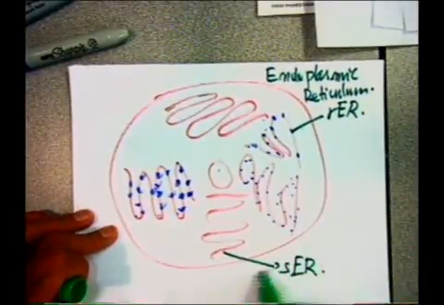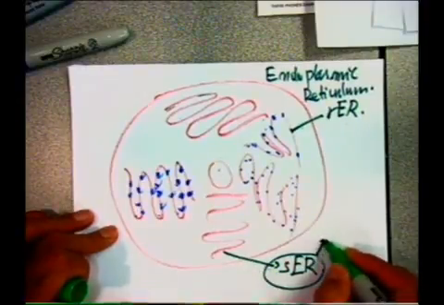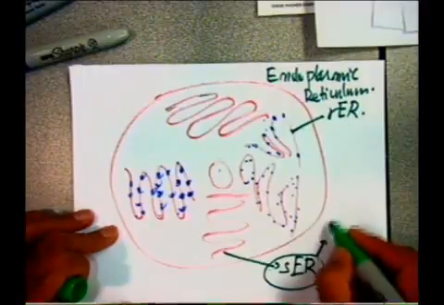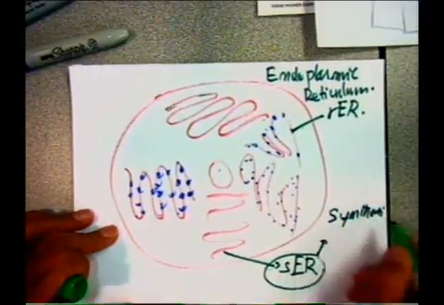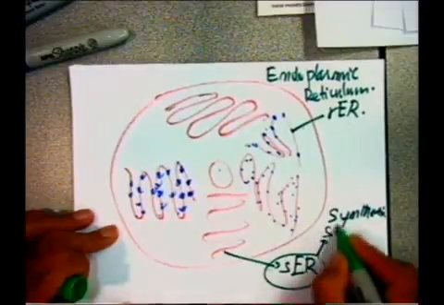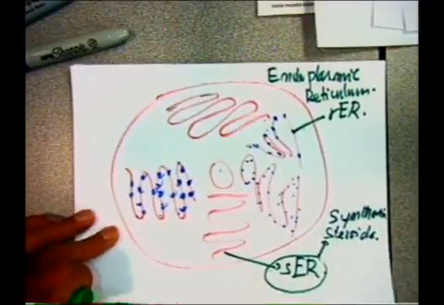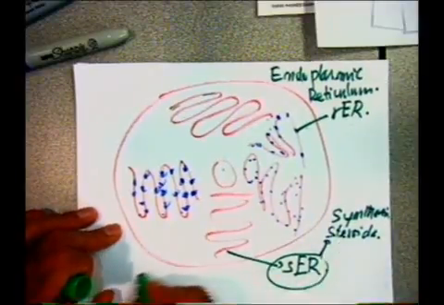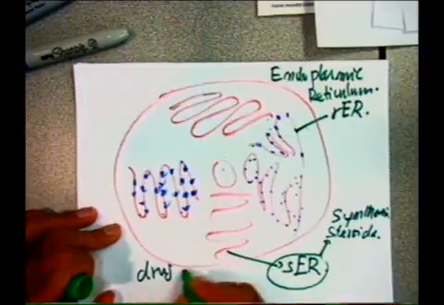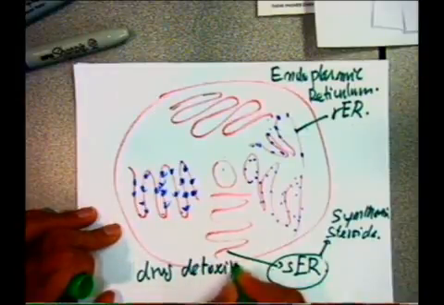What is the function of the smooth endoplasmic reticulum? As I mentioned earlier, it produces the synthesis of steroids and also degrading enzymes, and it is involved in drug detoxification.